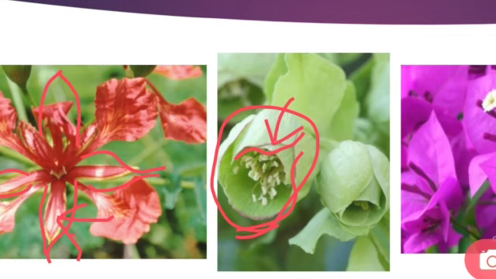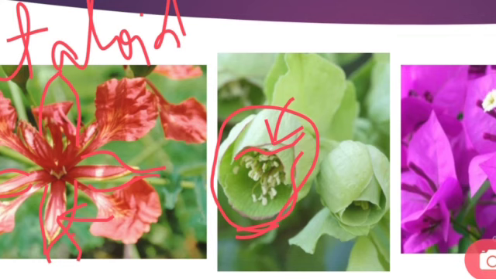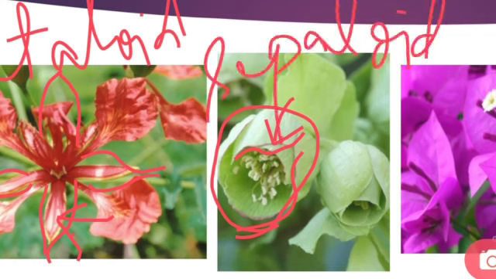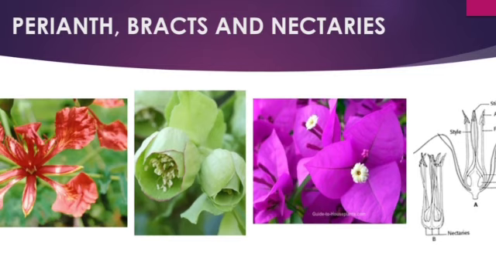This is a petaloid flower and this is a sepaloid flower. In a petaloid flower, the sepals take the color of the petals, and in a sepaloid flower, the petals take the color of the sepals. So these are the two types of PERIANTH arrangement.